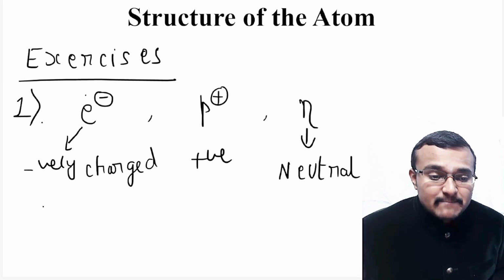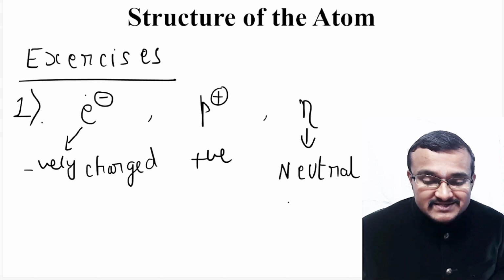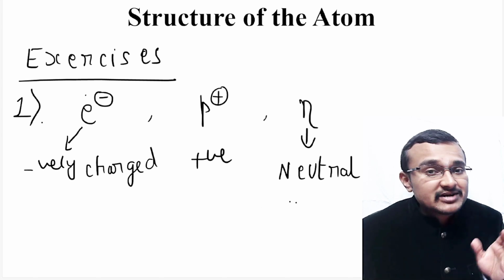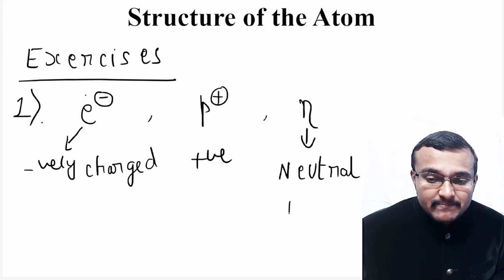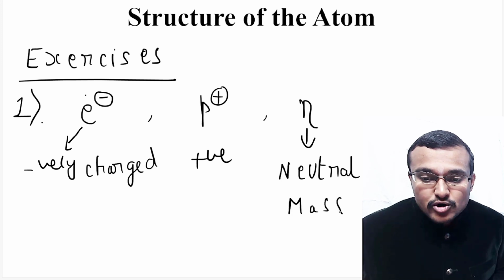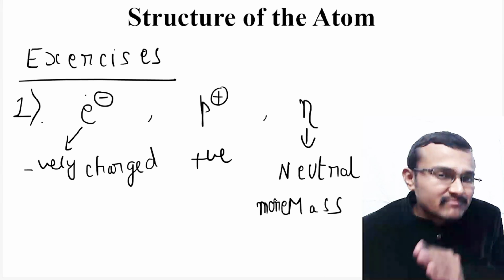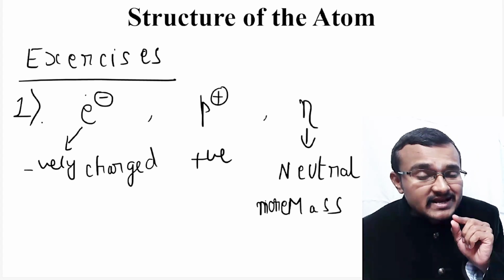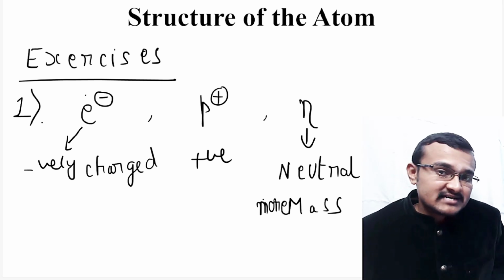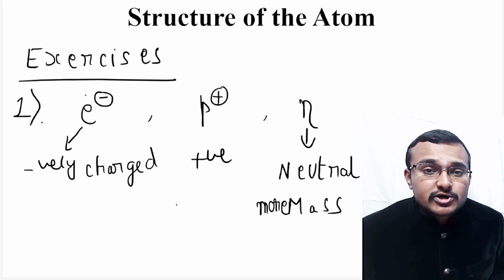When you compare the masses of electron, proton and neutron, the neutron has comparatively more mass among these three subatomic particles. The proton also has comparatively equal mass as the neutron, but when you look into the numbers, the proton has a little bit lesser mass than the neutron.